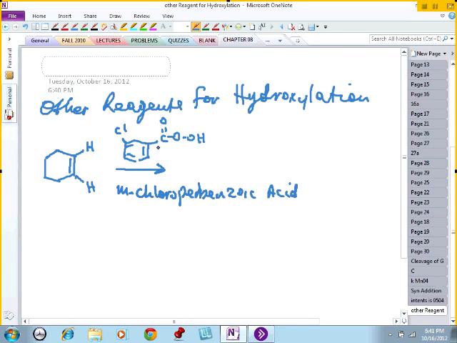Now, in the future, you don't have to write this structure. You could simply write MCPBA, that is m-chloroperbenzoic acid. Now, what this reagent will do is to add oxygen to the carbon-carbon double bond to form a 3-member ring. So you form this.